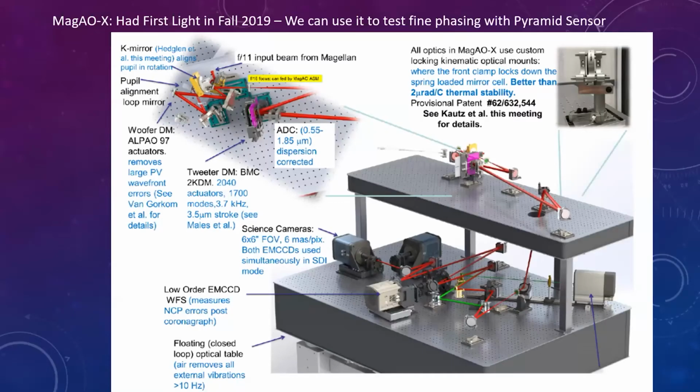All right, this is a sketch of MagAO-X, the existing instrument. And the highlight is that it's got a 2K DM, a 2000 actuator deformable mirror, which we can then use for these experiments.